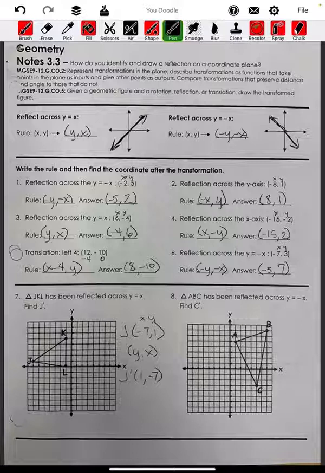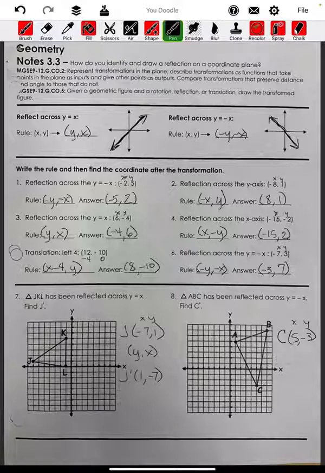All right. Number 8, it says triangle ABC is being flipped across y equals -x. Find C prime. So first we got to find C, which the coordinates for C are going to be 5, comma, -3. So again, I counted 5 spaces over to the right and then 3 spaces down. All right? So again, identify your x and y.